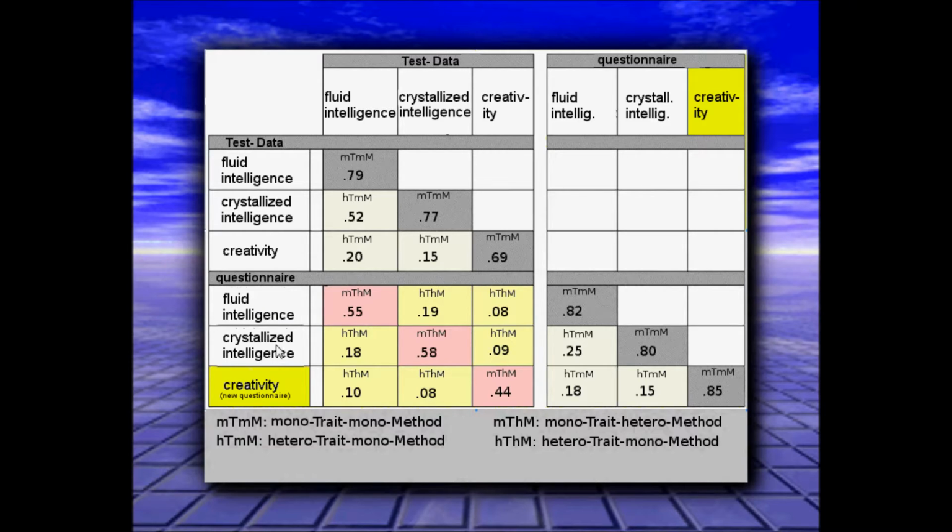And in case of crystalline intelligence, which is about your general knowledge about the world, it could be an item like person X is very informed about all topics of life.